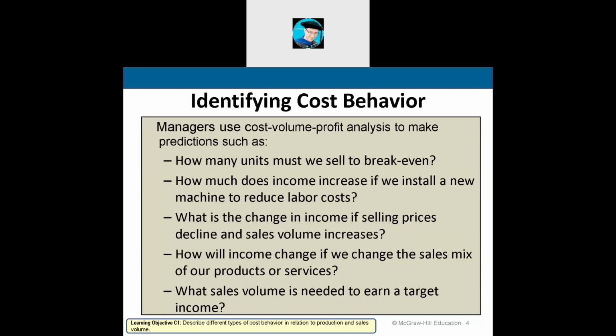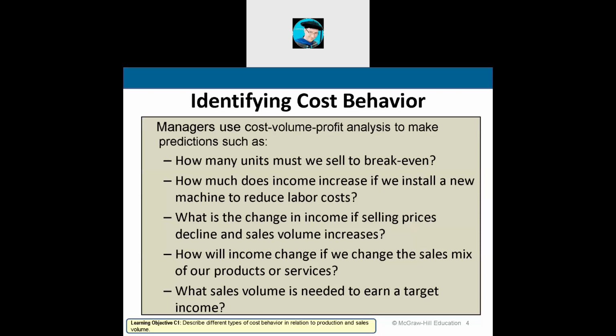And the last one on this list here is what I referred to earlier as target income. Target income is the amount of profit I want to make. So if you have a goal in mind, let's say you just started a business, all right? And you have got a target income. You want to earn $100,000 a year.